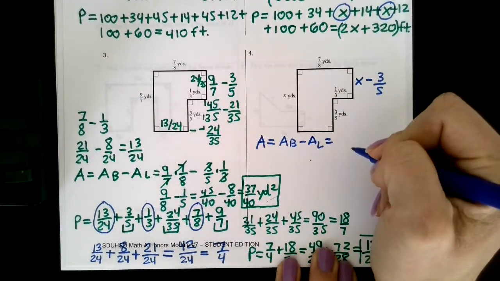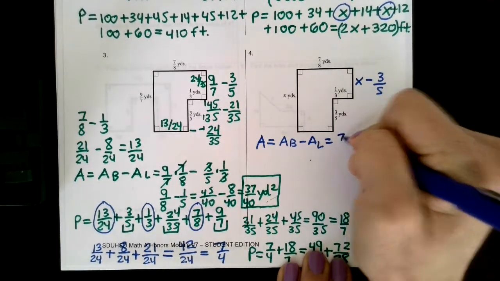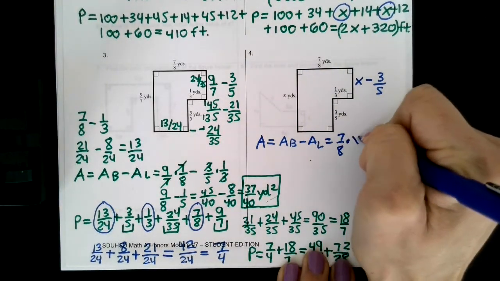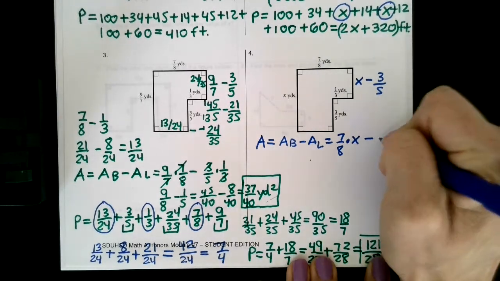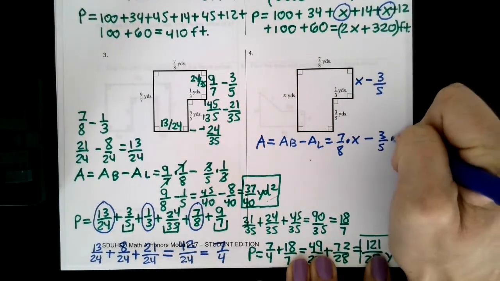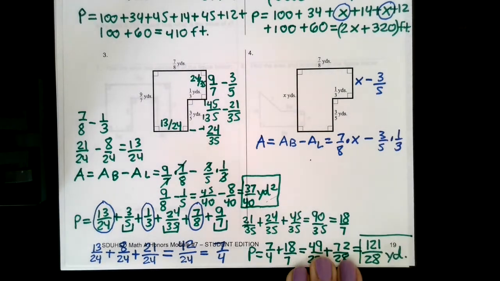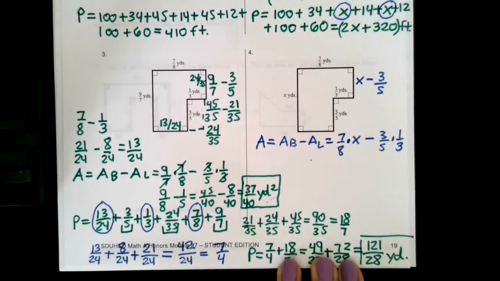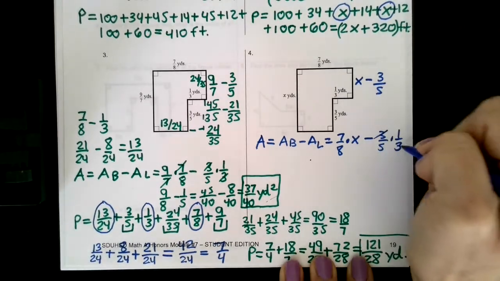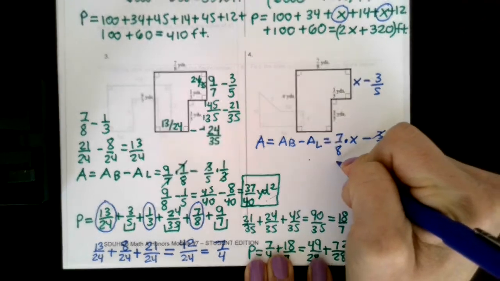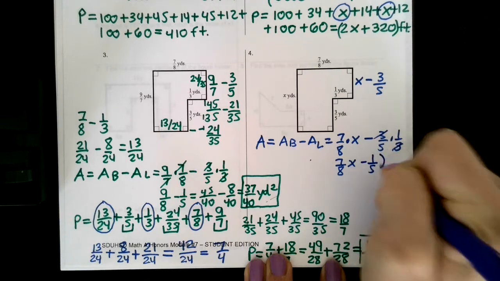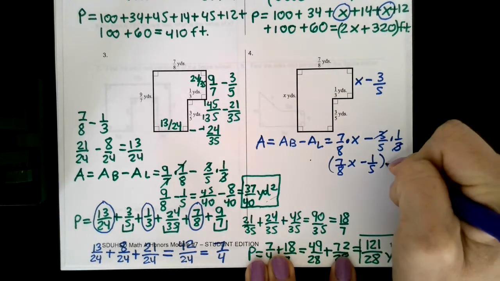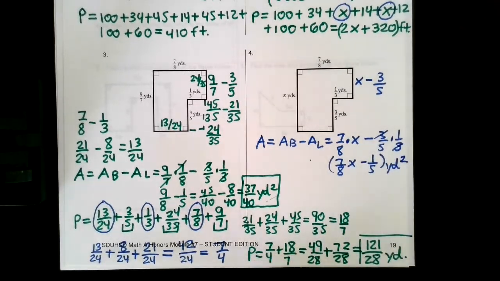The area of the big rectangle is going to be 7/8 times x, and the area of the smaller rectangle is still going to be 3/5 times 1/3. So we're just going to leave our answer after we cross cancel as 7/8 x minus 1/5. I'll put parentheses around that so I can put my units for both. So it'll be yards squared.